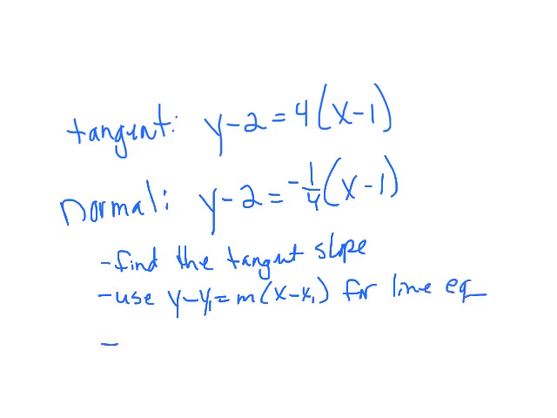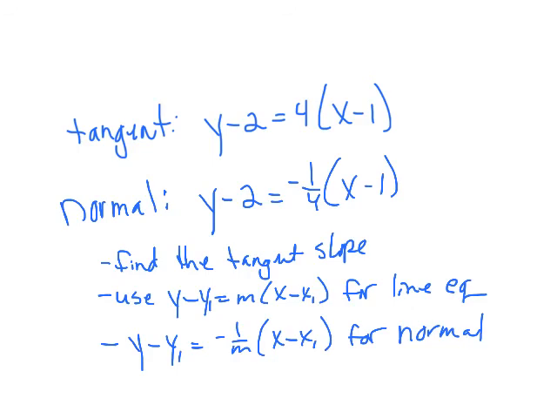And then for the normal equation, it's going to be y minus y1 is equal to negative 1 over m, the negative reciprocal, times x minus x1. So we will be practicing all of that in class and looking at some graphs and some results of our examples.